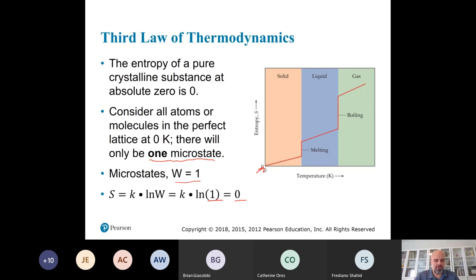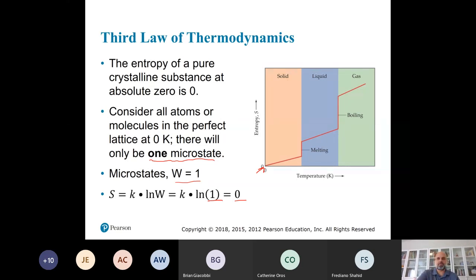Does that make sense? Because if you were to shrink the volume, you increase the pressure. So yes, that makes sense. That is a direct correlation there as well. Sorry, I missed the question before.